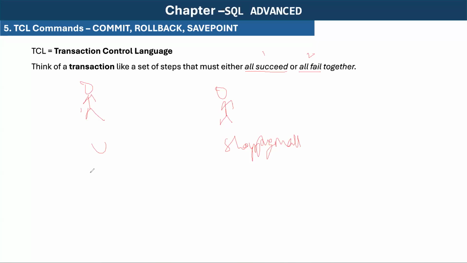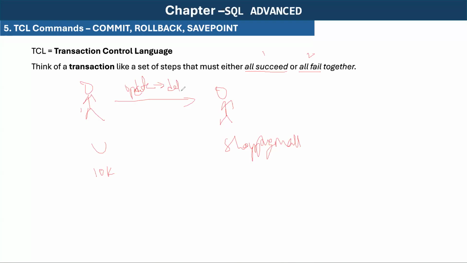You buy something and you're about to do the payment. Let's say you purchase 10K worth of products. Internally, an update query will run, which is a debit operation.